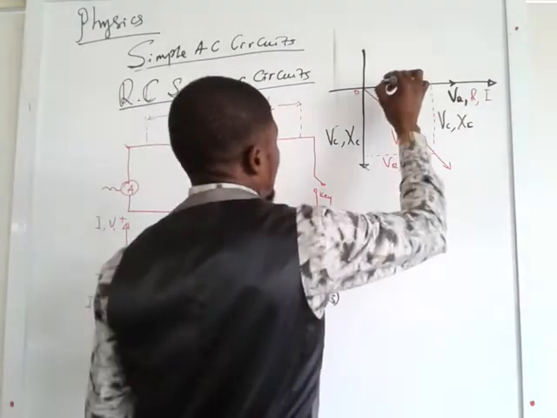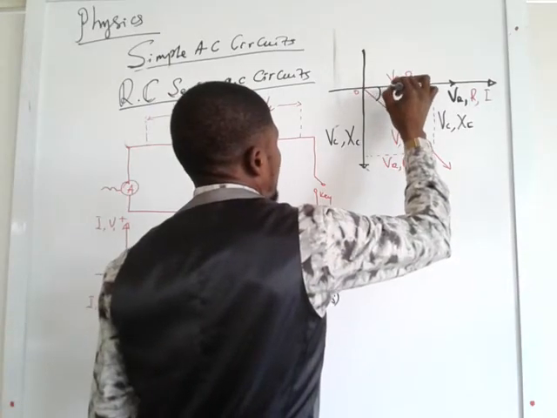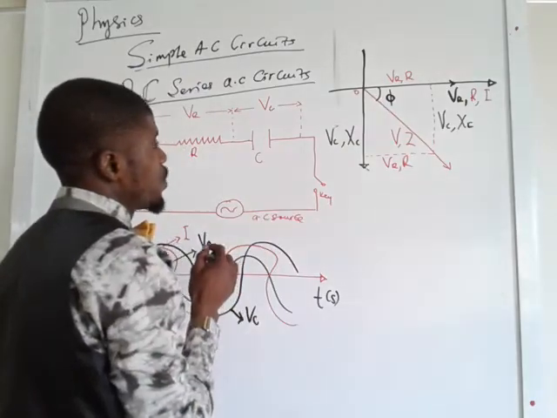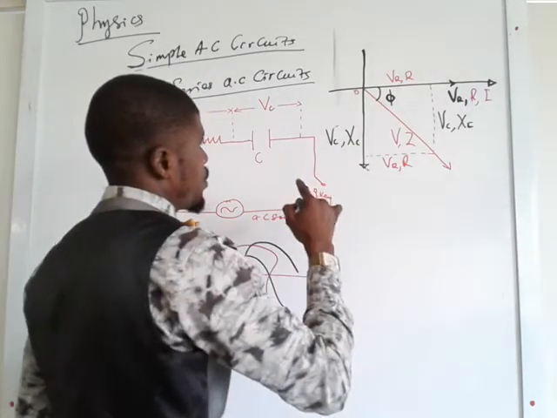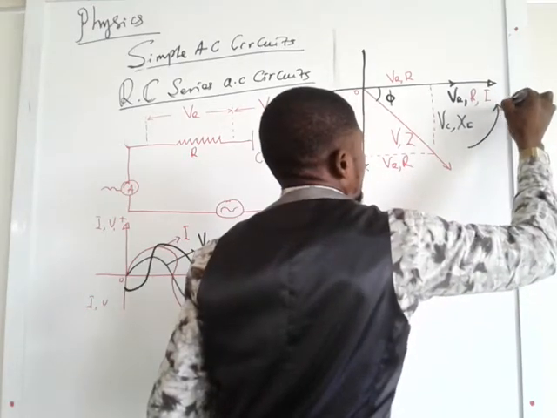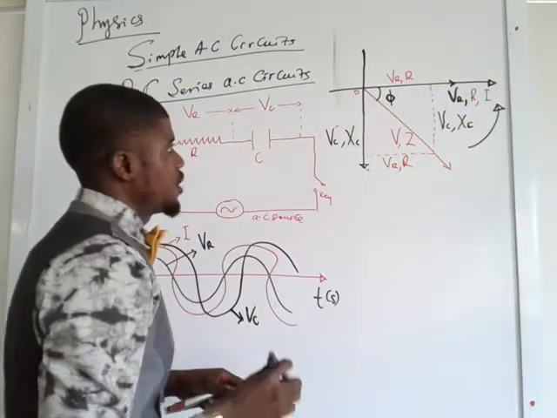And so here becomes our first angle. Then because the current leads, we draw something like this. Current leads with this angle.